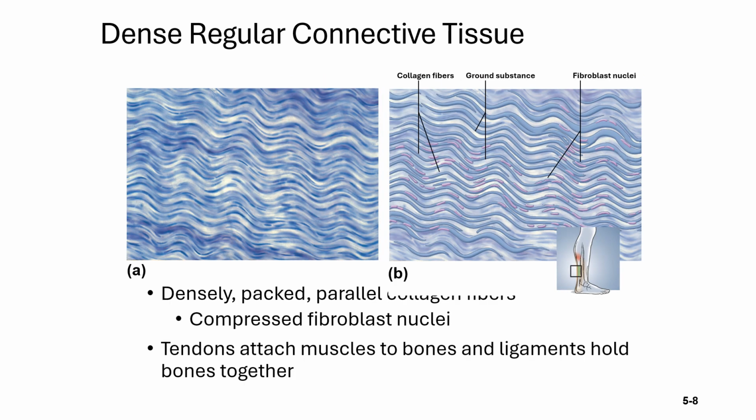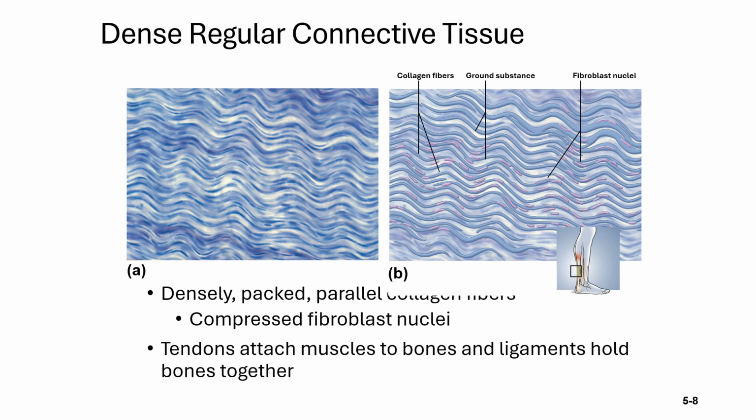Dense connective tissue is of two types: the regular and the irregular type. Let's talk about the dense regular connective tissue. It has two important properties. It has densely packed bundles of collagen, and the collagen fibers are parallel to each other, so the fibroblast nuclei are compressed.